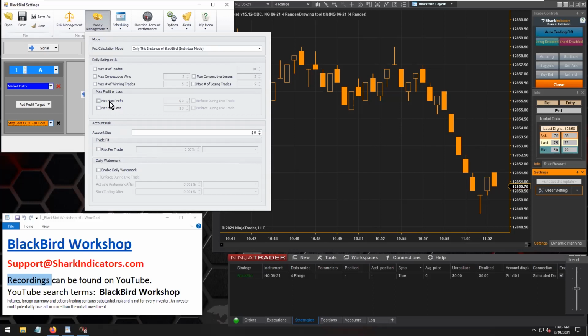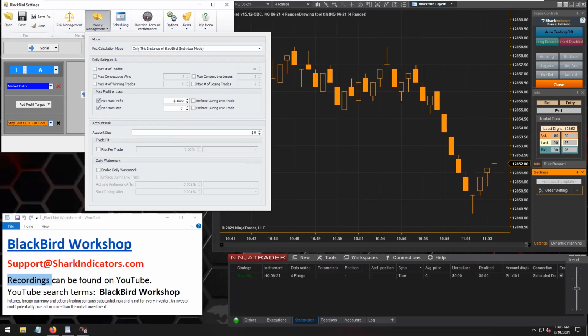Your typical money management is something like this, such as stop trading if I made $1,000 today, right? There's no physical order in the market stopping your trading once you've hit $1,000 of profit. There's no profit target sitting at $1,000 to stop your trading.